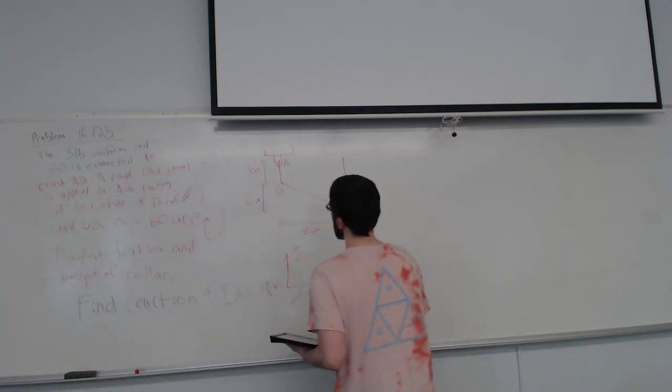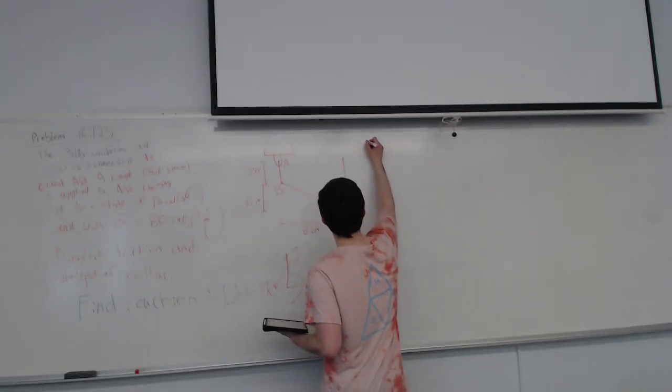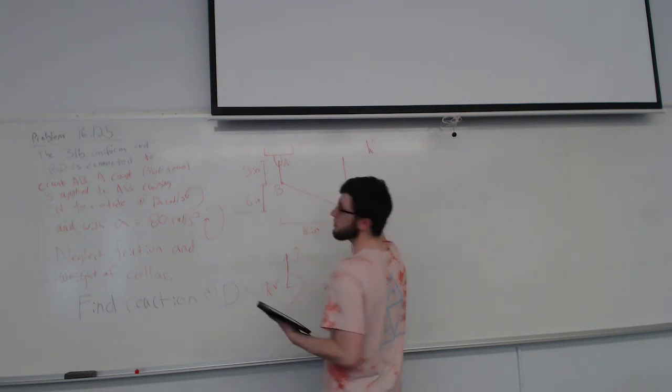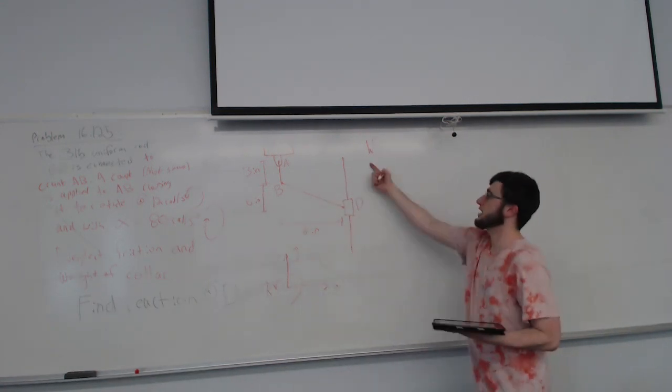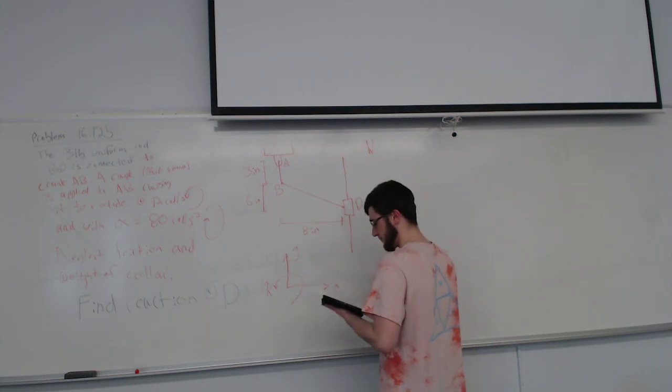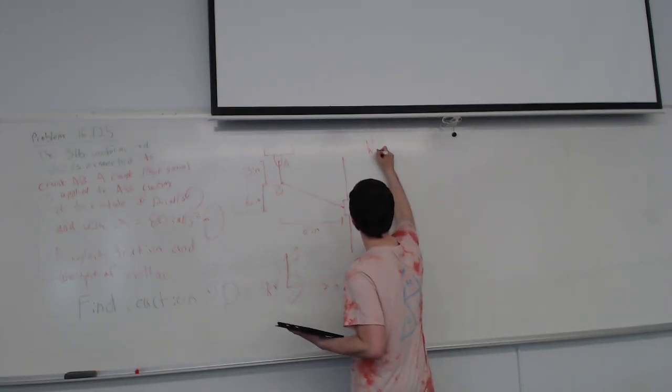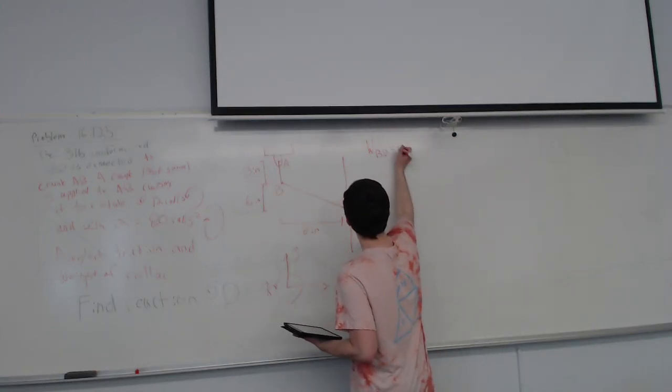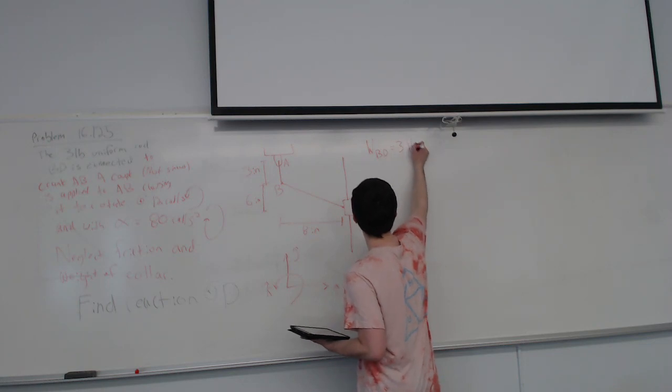So we know that the weight, which is W, not omega, so that's how I'm going to have to write weight. We know the weight of collar BD is equal to 3 pounds.